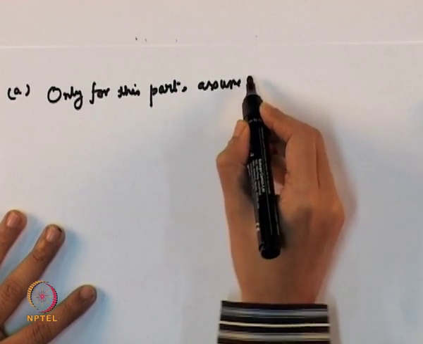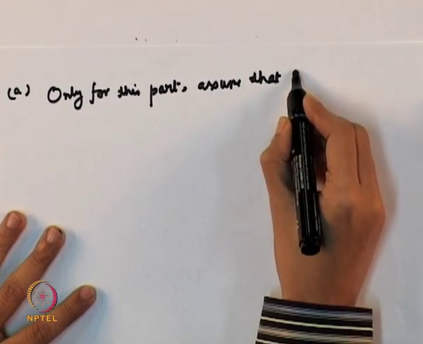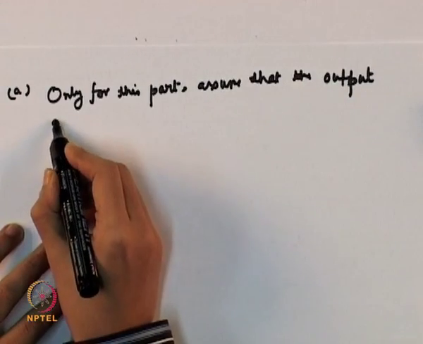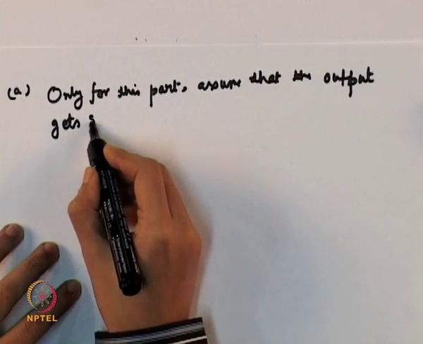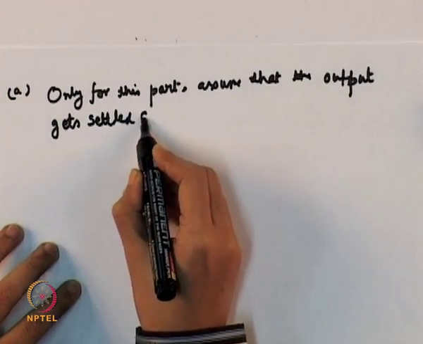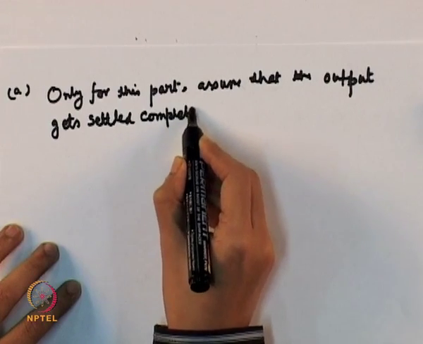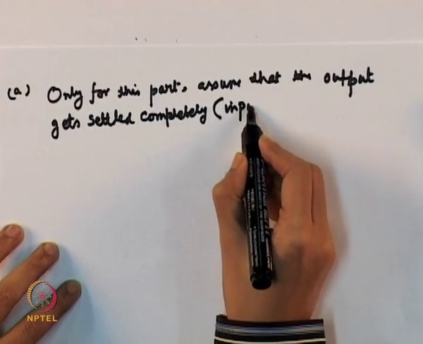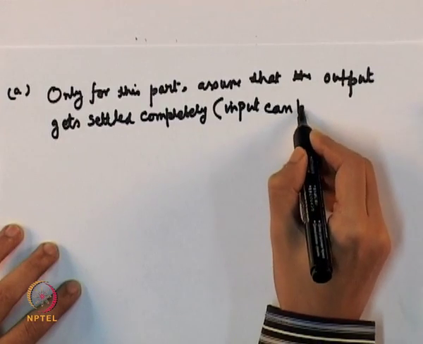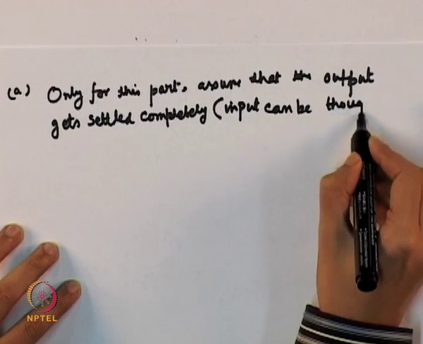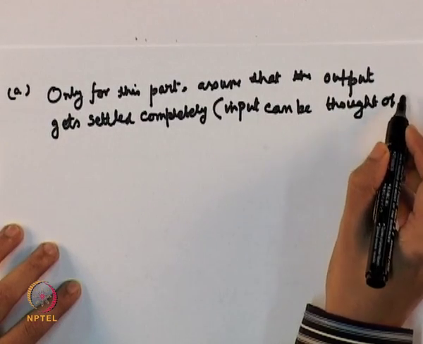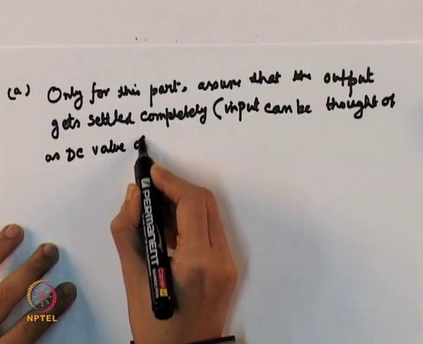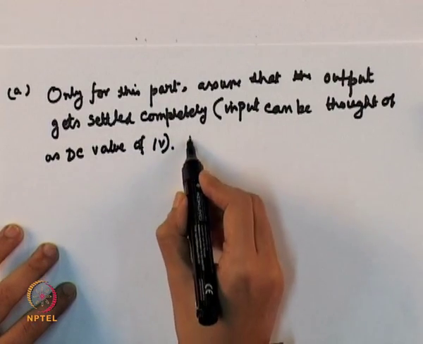Assume that the output gets settled completely and input can be thought of as DC value of 1 volt. So, what we have to find out?